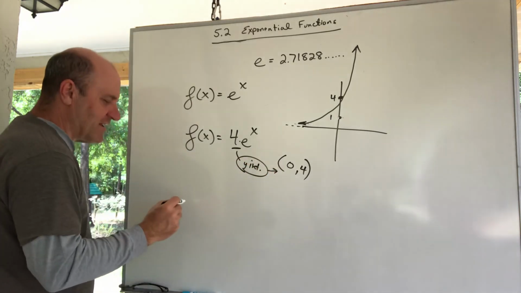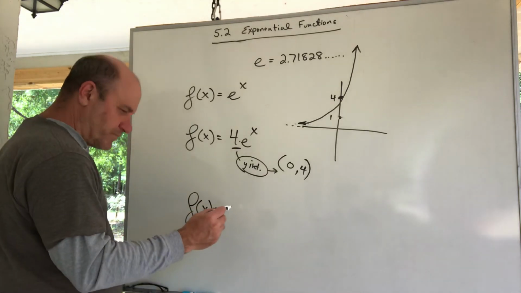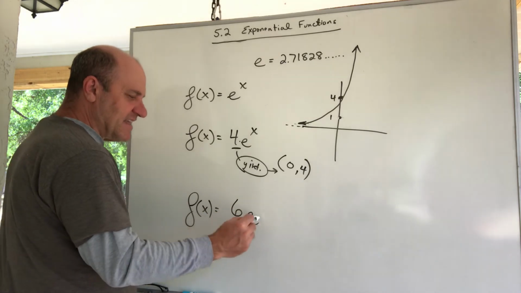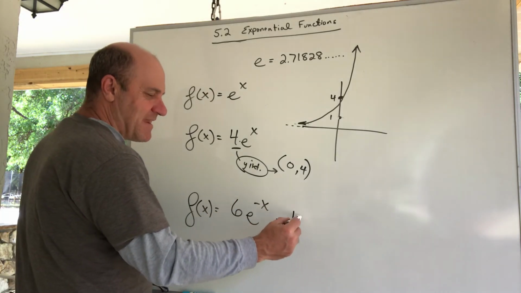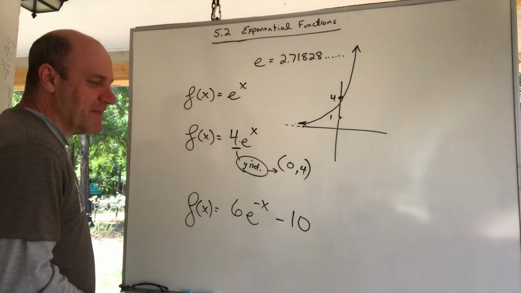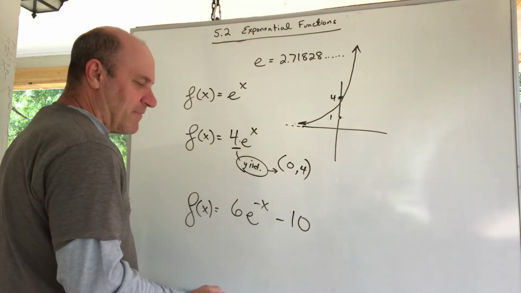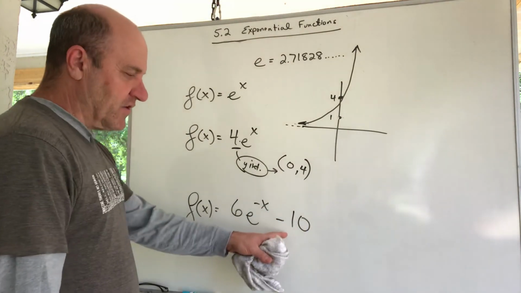So let's try another one. What about f of x equals 6e to the negative x minus 10? All right, now we're getting somewhere. Okay, this is getting a little more complicated. What do you think the minus 10 does out on the end of the function?